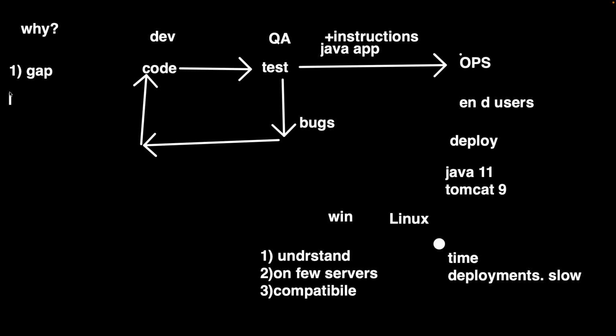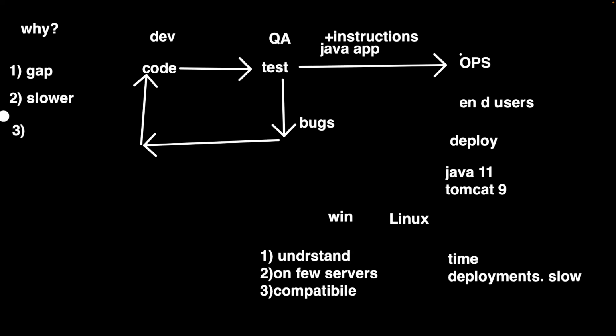And hence deployments were very slow. Let's say the application is shared with ops teams today. It might be available for end users after 6 months. I'm talking about all of this without DevOps, right? So slower deployments, gap between them. Is the second reason clear for everyone?